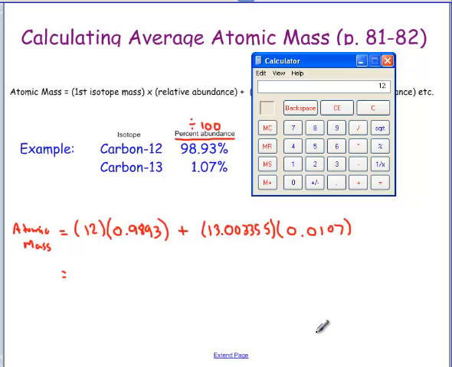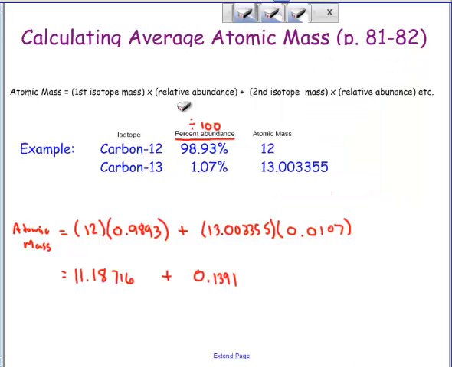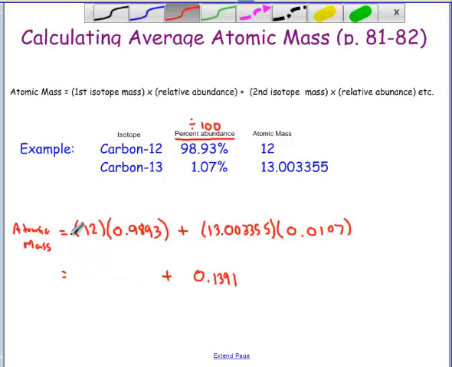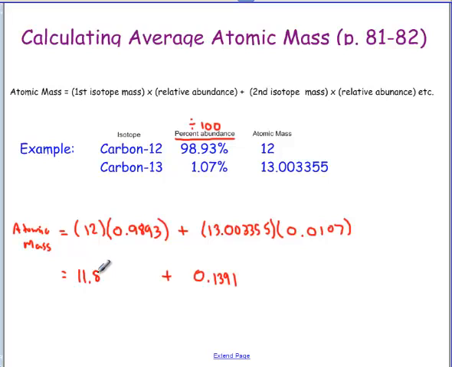So I'm going to take 12 times. Okay, let me fix this real quick. I messed up on my first number here, so it should be 11.8176. And when I add up both of those products that I just found, I find an atomic mass of 12.01 AMU, and that's the unit that we use for atomic mass.